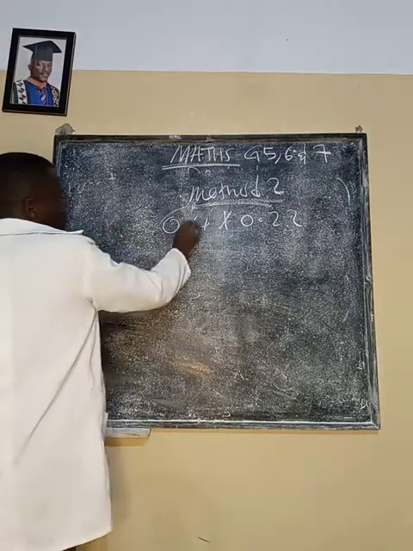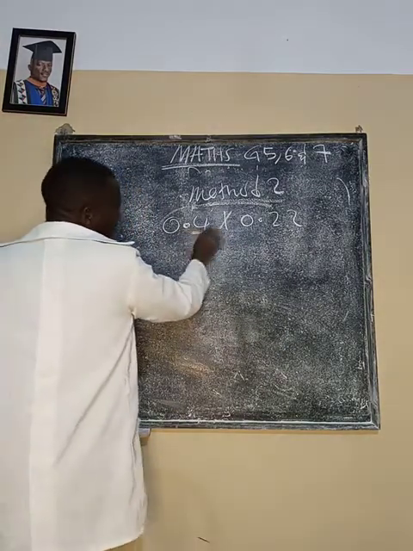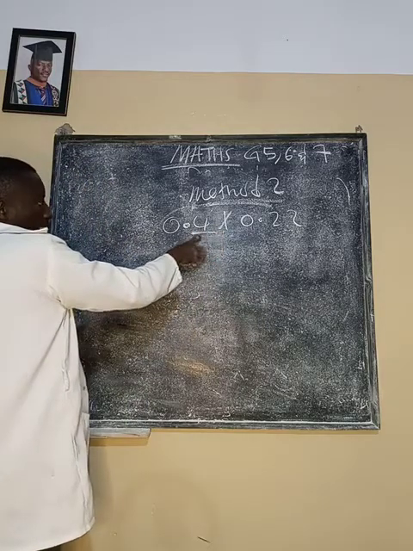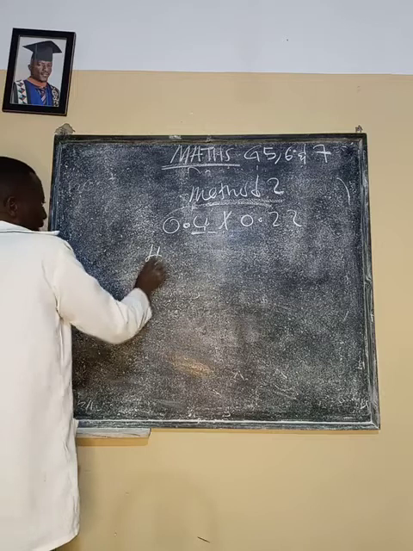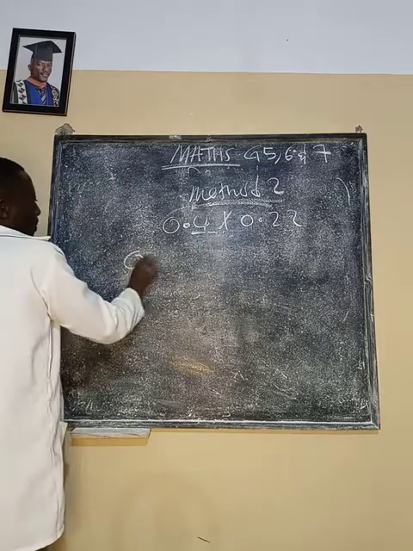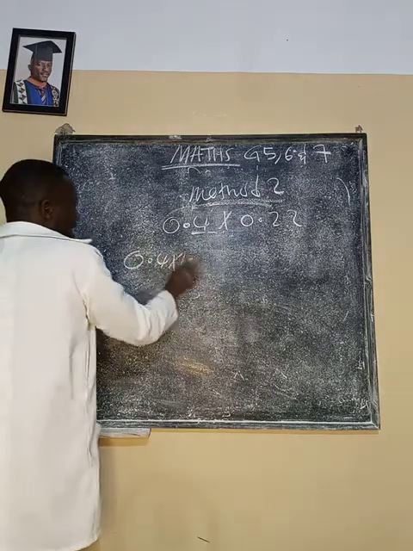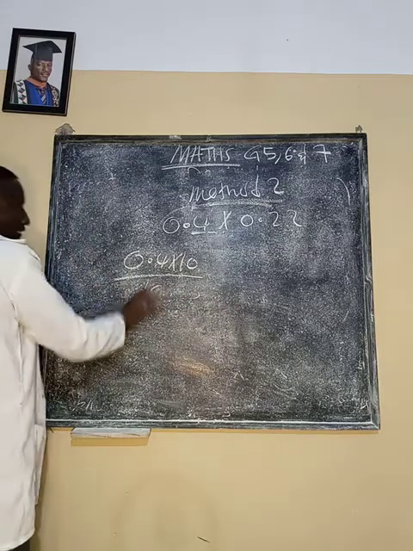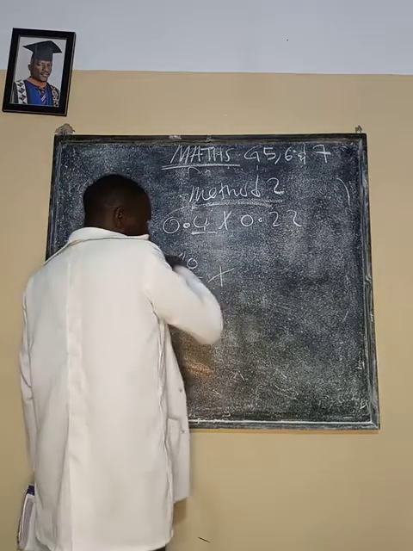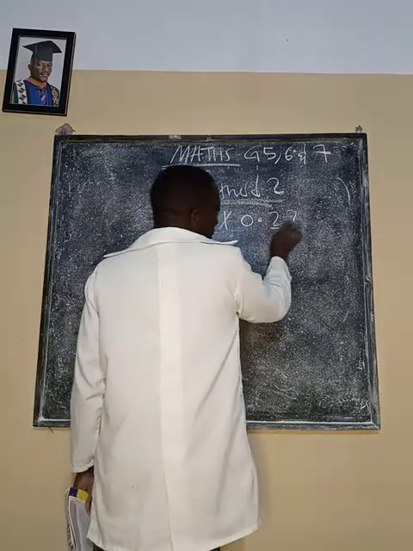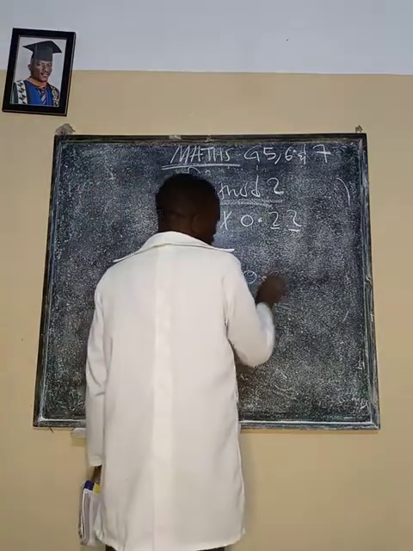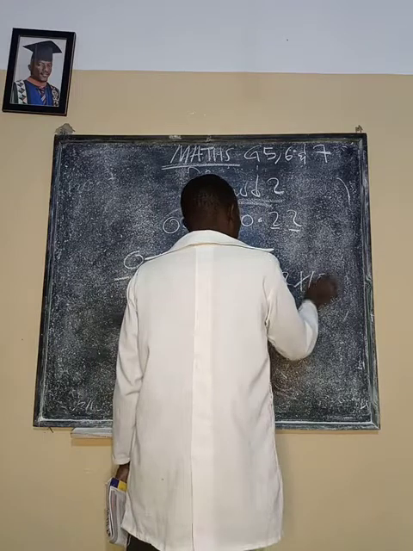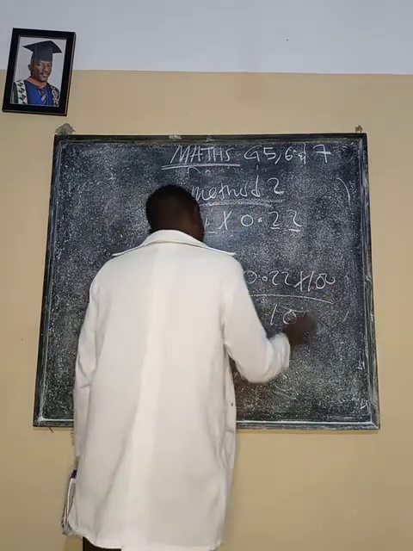So this has got 1 place value, so we are going to use 10. We multiply everything by 10. We'll just say 0.4 times 10 over 10. We've got 2 place values. If you've got 2 place values, you use 100. You say 0.22 times 100 over 100.